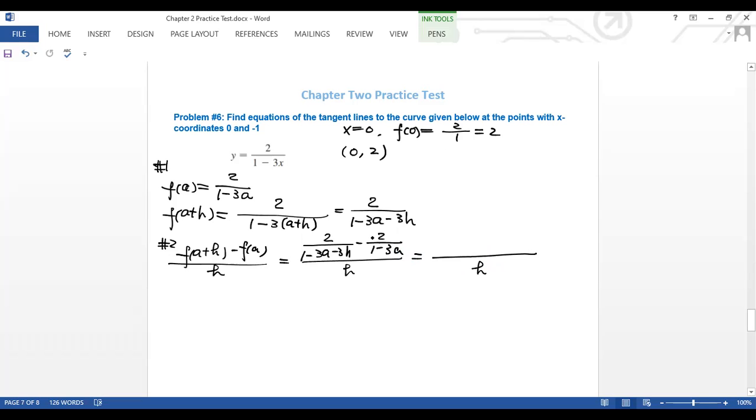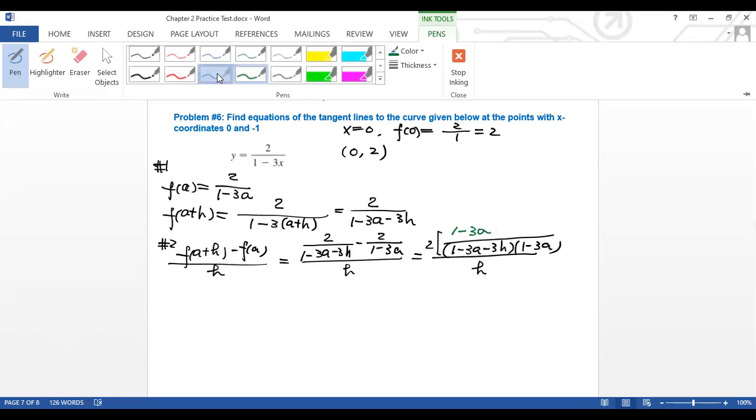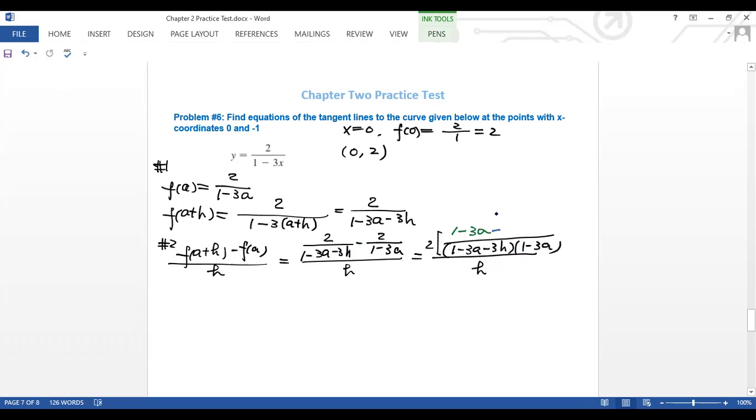Both of them have a 2. I can take the 2 out to save some heartburn here. So the common denominator is 1 minus 3a minus 3h and 1 minus 3a. The first term will give you 1 minus 3a. Then the second term is what? You have a minus 1 minus 3a minus 3h.